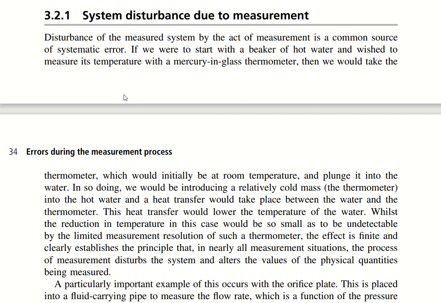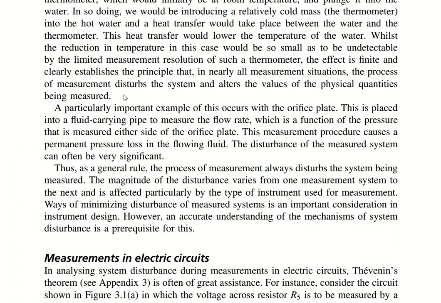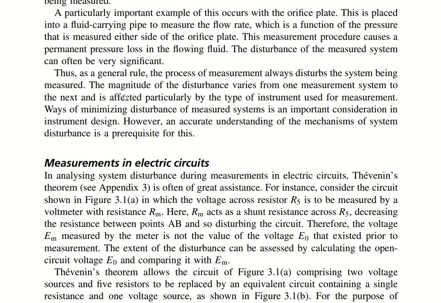This is a function of the pressure that is measured either side of the orifice plate, and this measurement causes a permanent pressure loss in the flowing fluid. So the disturbance of the measured system can often be very significant, and thus, as a general rule, the process of measurement always disturbs the system which is being measured.